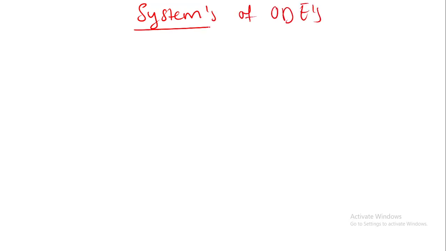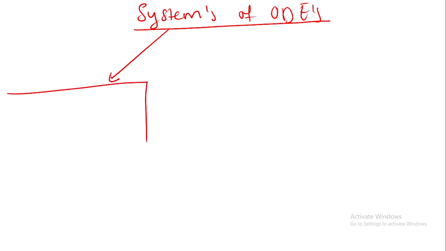So in this video, we're going to discuss what we call study unit 4, which is called Systems of ODEs. I have already mentioned in the previous videos that we have several methods that we can usually use to solve systems of ODEs, but in our case we are limited to the Laplace transform.